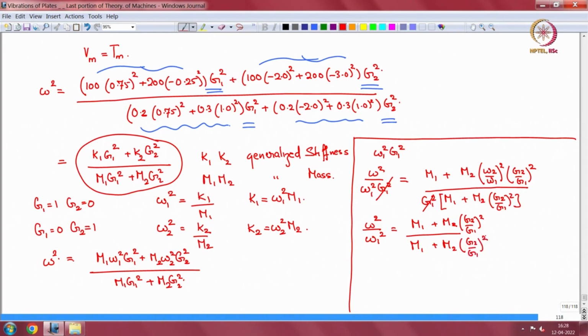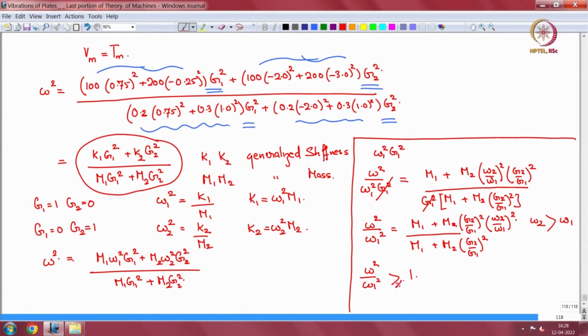So far we are okay, but on the numerator we have omega 2 by omega 1 squared, and omega 2, the second natural frequency, is greater than omega 1, and therefore omega square by omega 1 square is greater than or equal to 1.